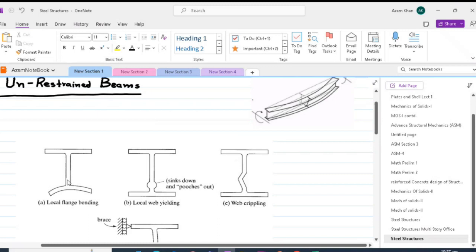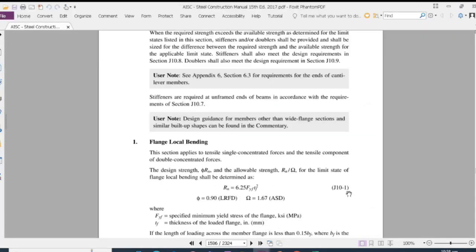The nominal tensile load that may be applied through a plate welded to the flange of a W section is to be determined by the expression given in J10-1. According to this expression, Rn is equal to 6.25 times the yield strength of the flange times thickness of the flange squared. The yield strength is in KSI, whereas the thickness is in inches.